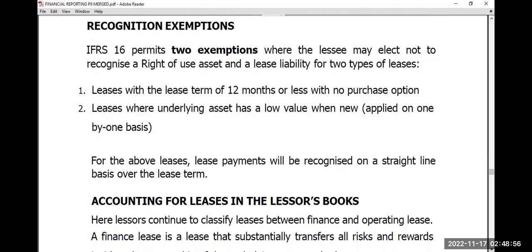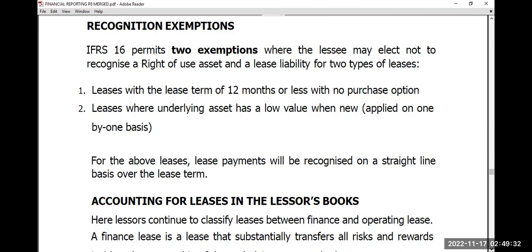But let's look at some of the recognition exemptions. We said under these recognition exemptions that there are some types of leases that are not required to go through all these steps when we are accounting.